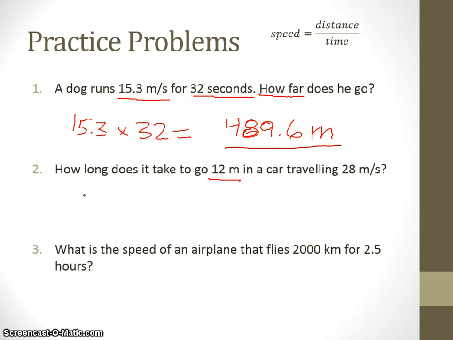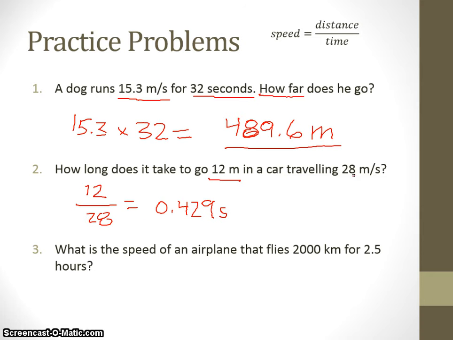So the distance is 12. The speed is 28. And 12 divided by 28 equals 0.42, I want to round it here, 0.429. And because it's how long, how much time, that's in seconds.